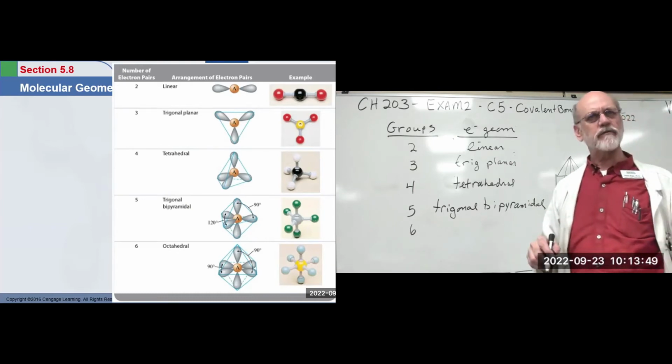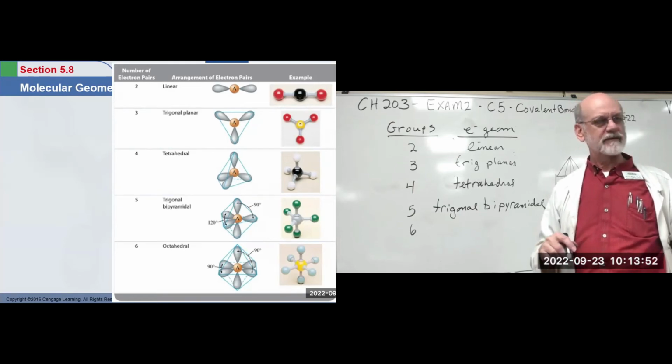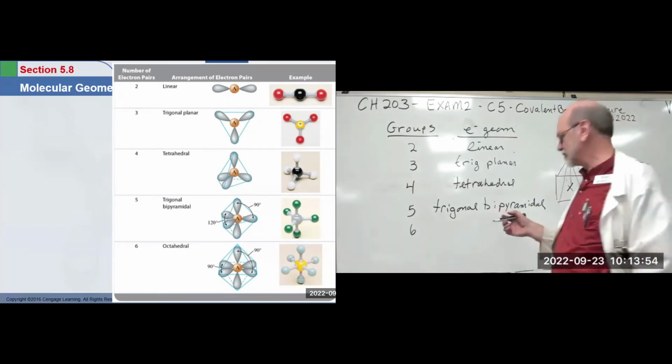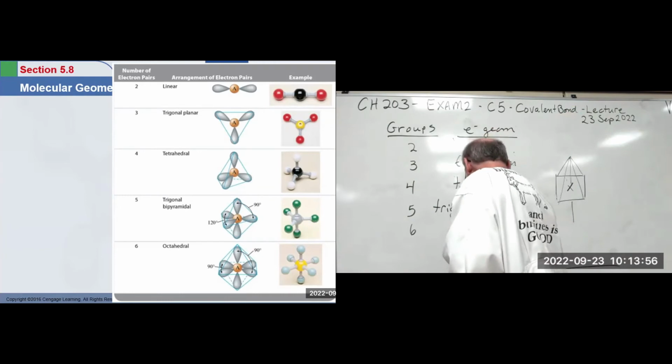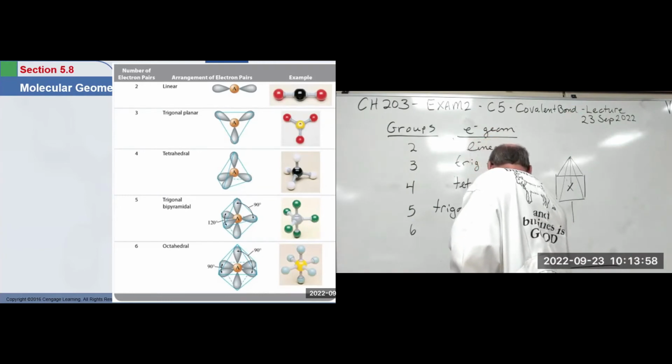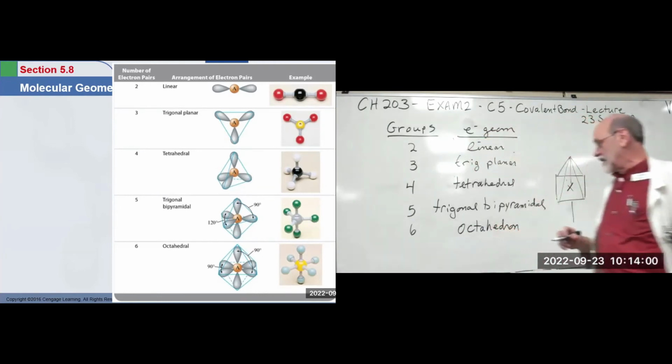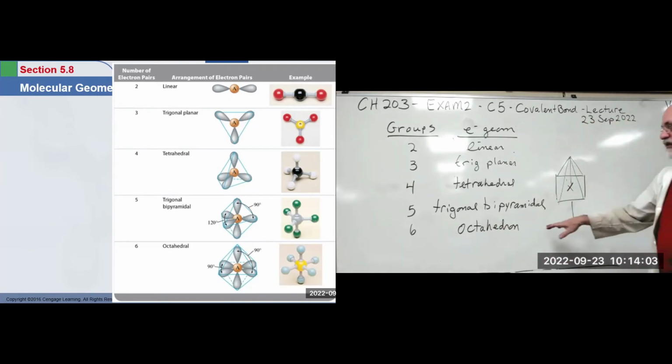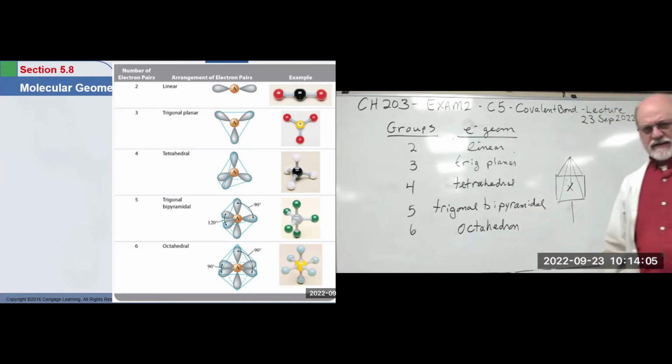Hedron is geometry for sides, isn't it? Yeah, take my word for it. All right, so the octahedron is the best arrangement for 6. And that's where we're going to stop.